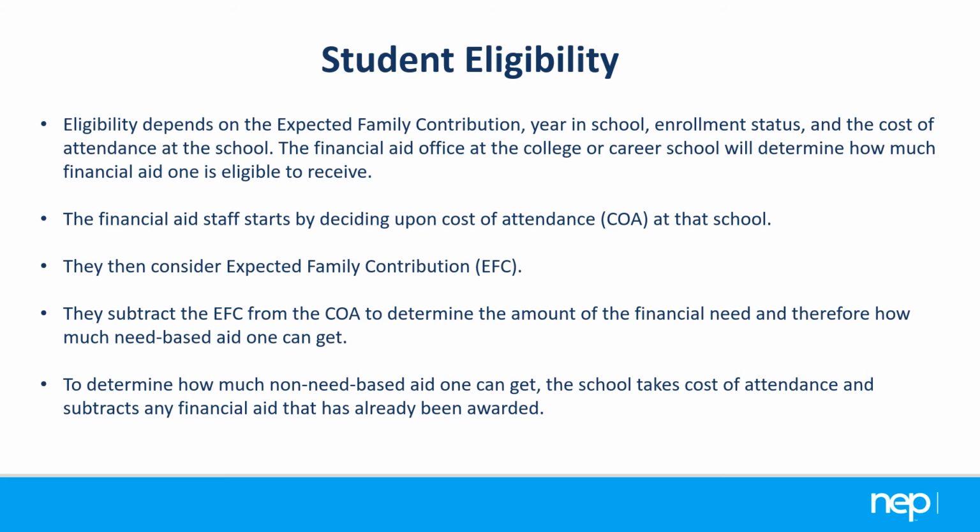They then consider EFC. They subtract the EFC from the COA to determine the amount of the financial need and therefore how much need-based aid one can get. To determine how much non-need aid one can get, the school takes cost of attendance and subtracts any financial aid that has already been awarded.